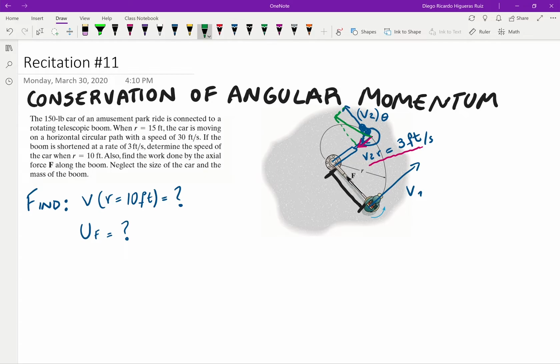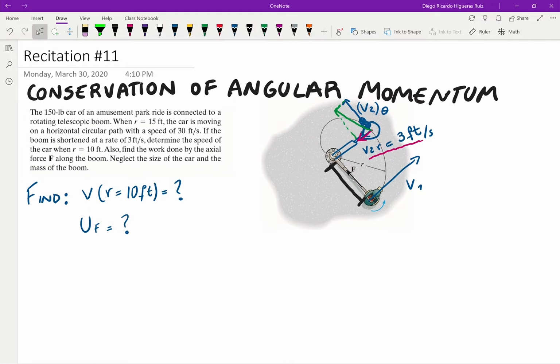Okay, so to solve for this, we're gonna use conservation of angular momentum.